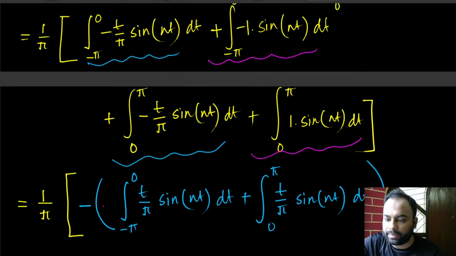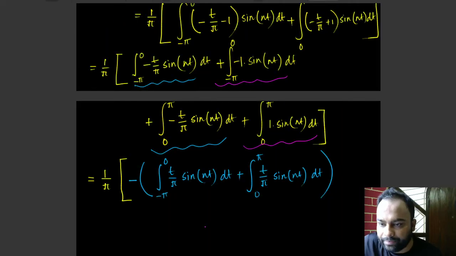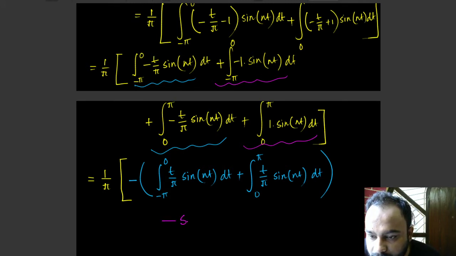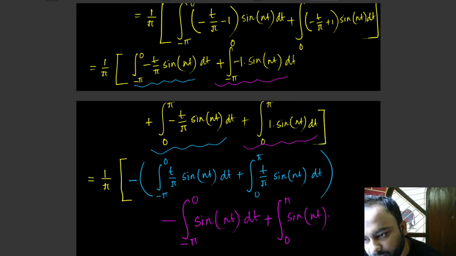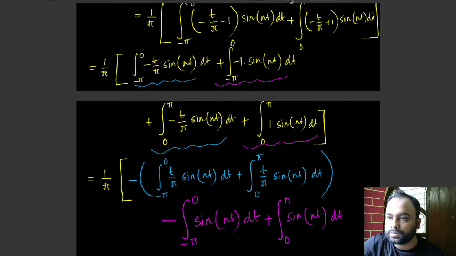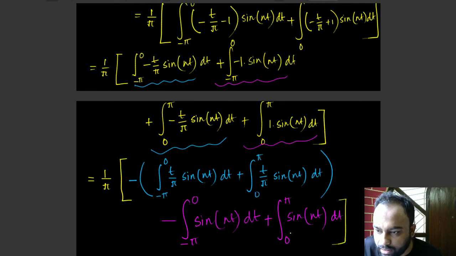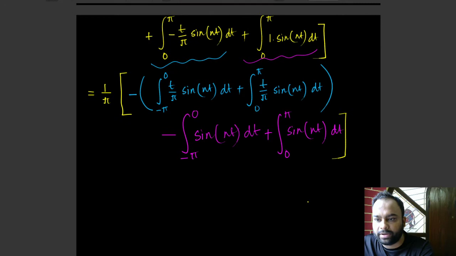For example, let me just use the zoom here, and with that we shall have minus integration from minus pi to 0 of sine nt dt, and plus 0 to pi of sine nt dt. Right. So I think we have finished the splitting part, right?